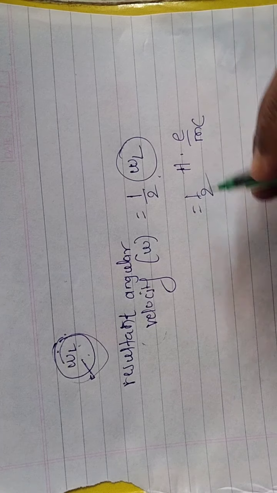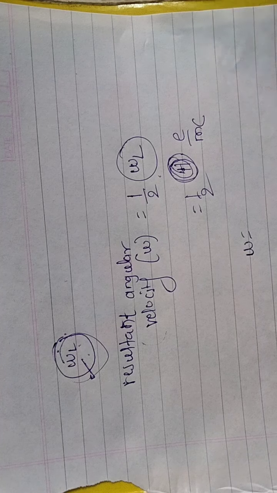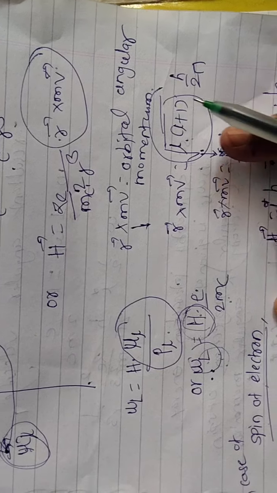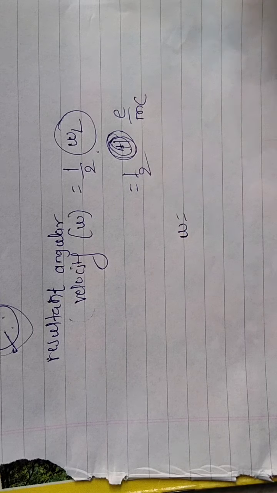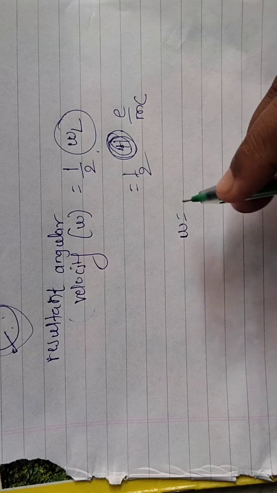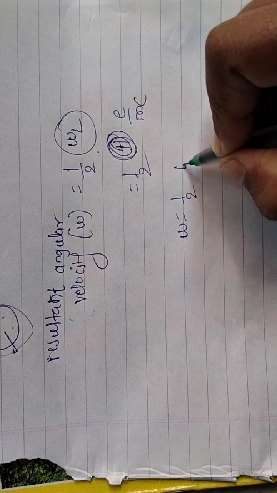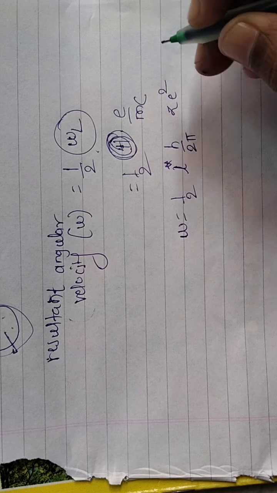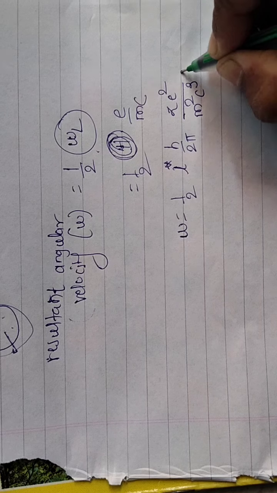Okay, so we have calculated here the value of the applied magnetic field. By using this value we will put it here. Then it becomes 1/2 L star h upon 2 pi, z e square upon m square c cube into 1 upon r cube.